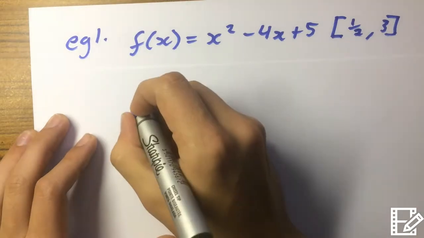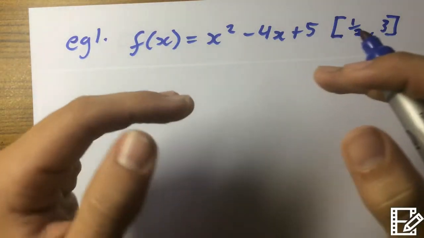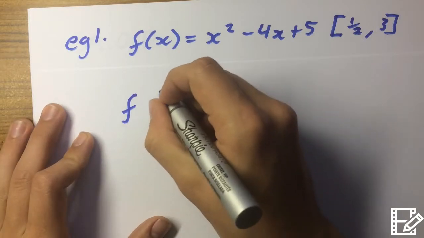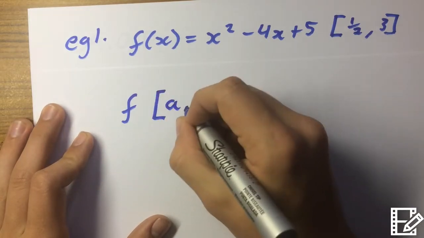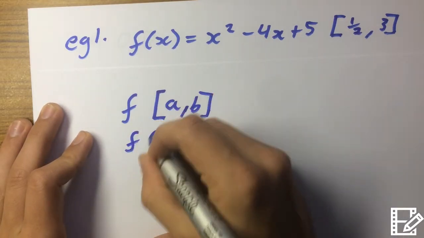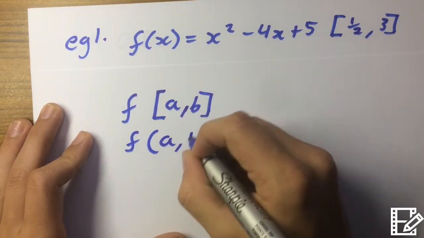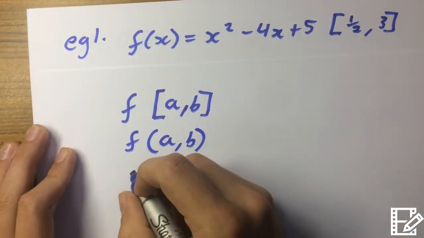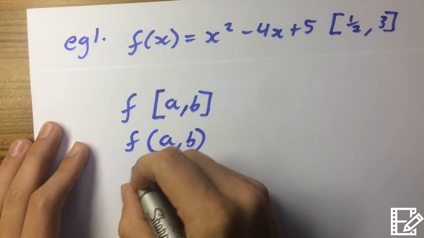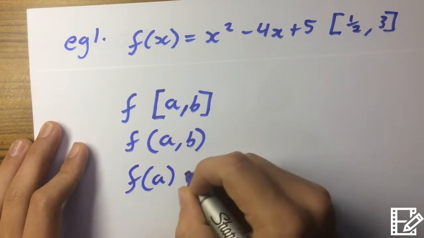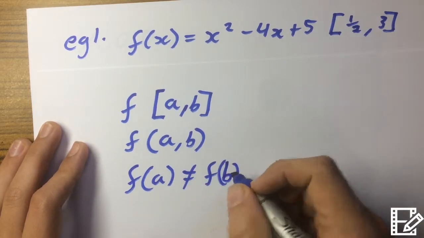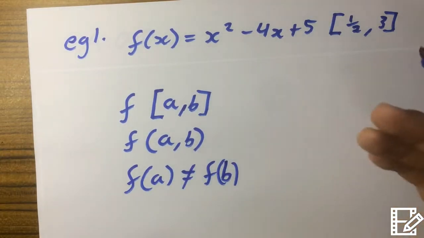For us to be able to use the mean value theorem on this function, the function needs to be continuous on the closed interval from a to b. It needs to be differentiable on the open interval of a to b, and the function of a can't equal the function of b. If they do equal, then you use Rolle's theorem and not this one.